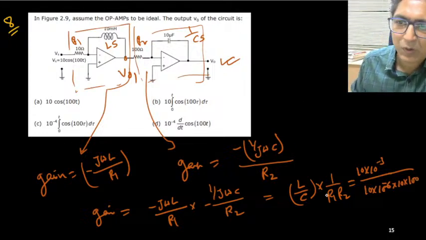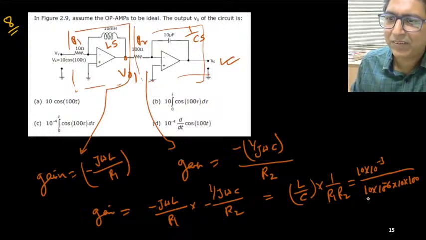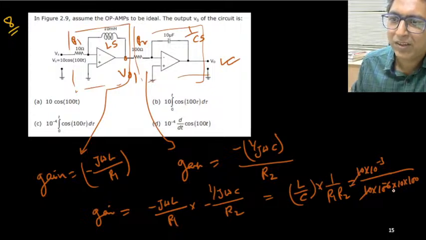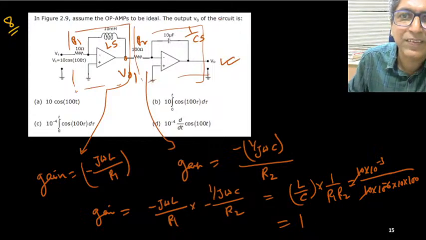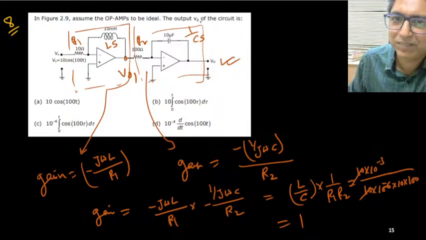Can you calculate this one? So this 10 cancels out. This is 100, 1000, 10 to the minus 3. It is again 10 to the minus 3. So it will give you perfectly 1. So the overall gain is 1. If the overall gain is 1, the output is the same as the input.